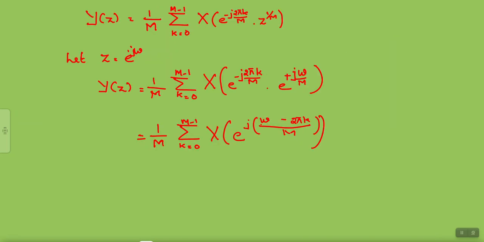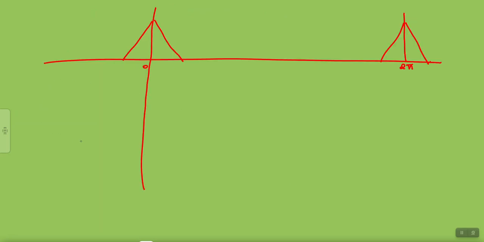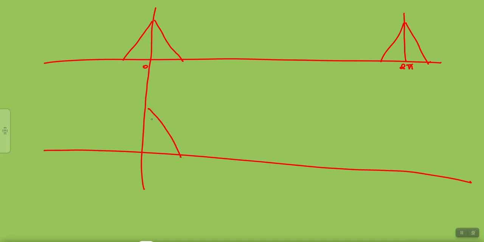And from this equation it is clear that there will be m minus 1 spectrums in between these two.